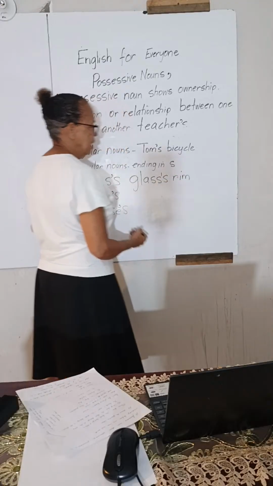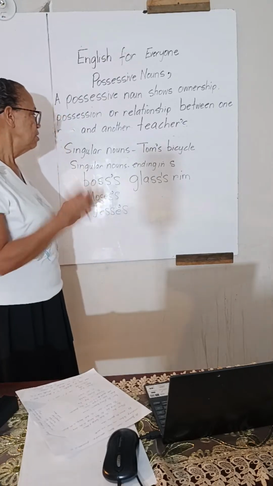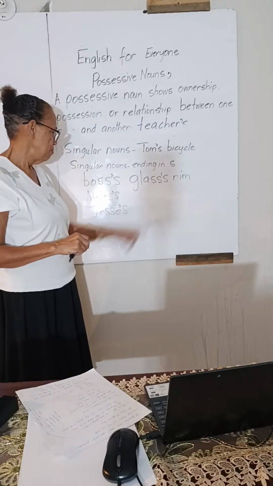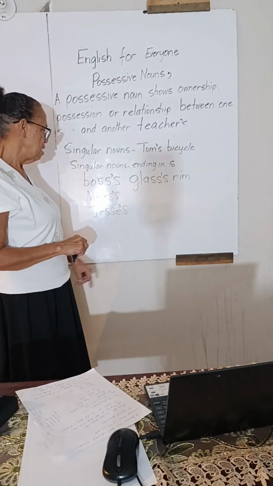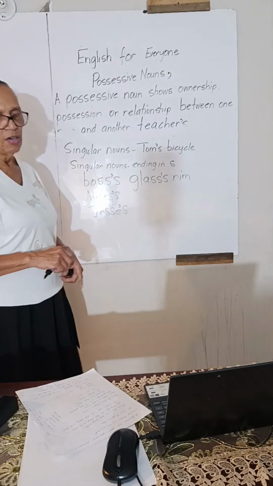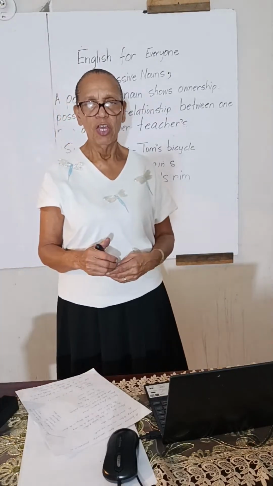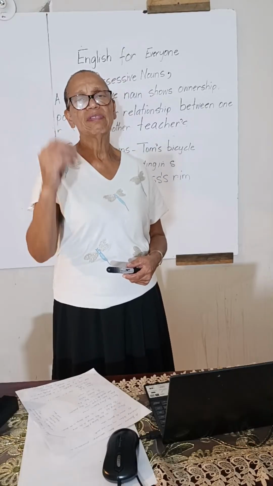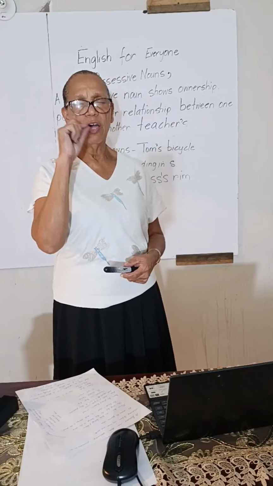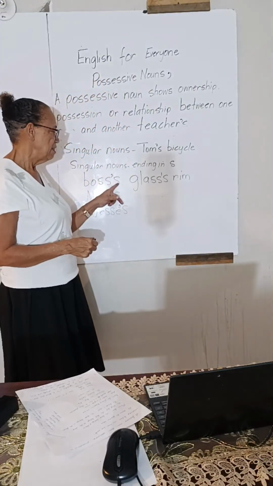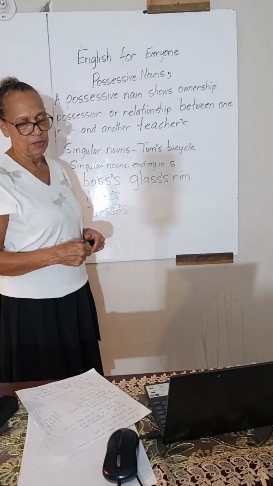The rim belongs to the glasses, right? Jesse's bag, Moses' rod, boss's desk, or boss's chair. So even though they end with two S's, you still have to put on another S, and between the last S here and the S that you put on, you put the apostrophe.